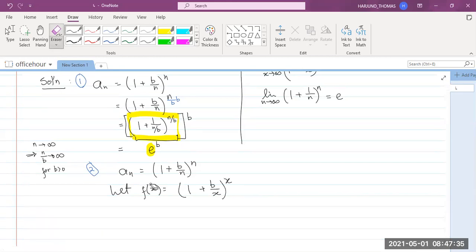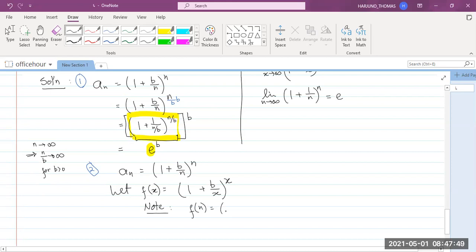I need to say that this is a continuous superposition function. Note that f of n is 1 plus b over n to the n, which is a sub n, and f of x is continuous on 1 to infinity. In fact, it's continuous everywhere except 0.